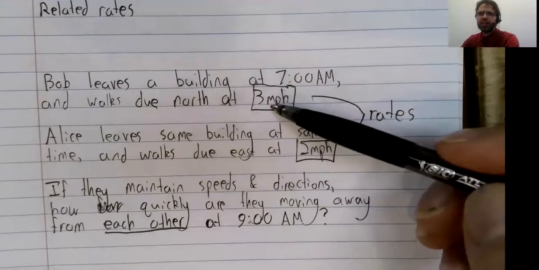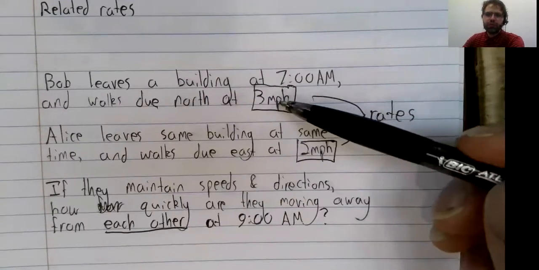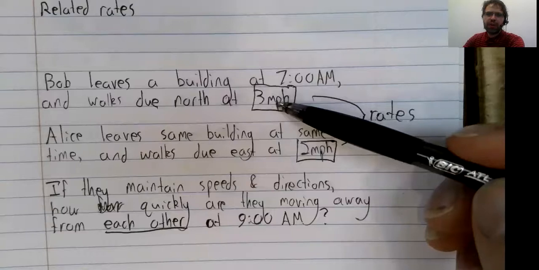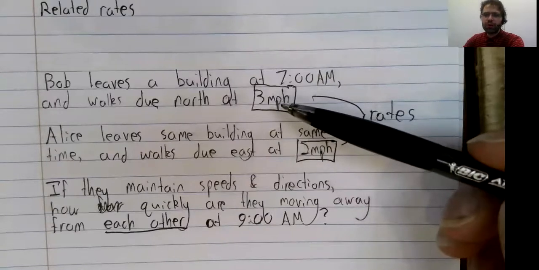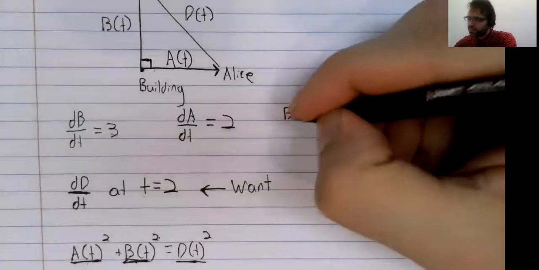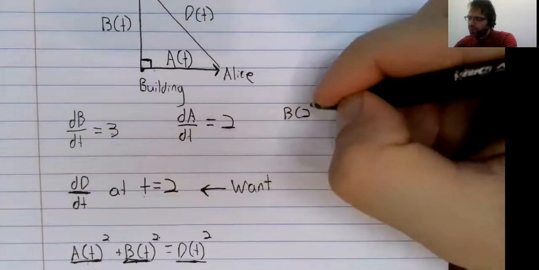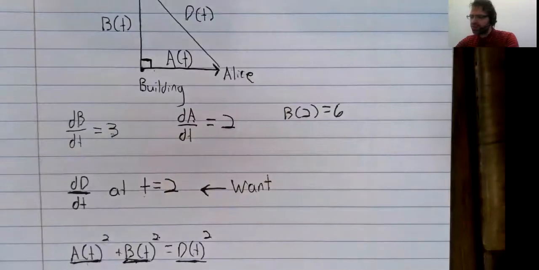Bob is traveling at 3 miles per hour. If he travels 3 miles per hour for 2 hours, B of 2 equals 6.